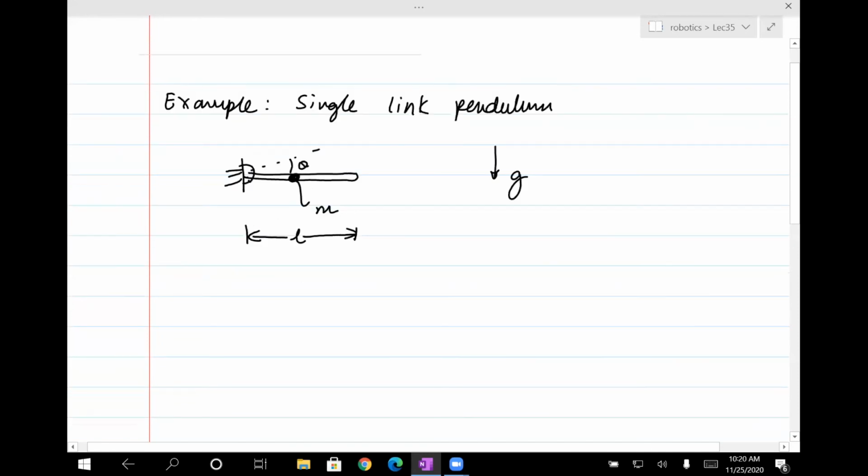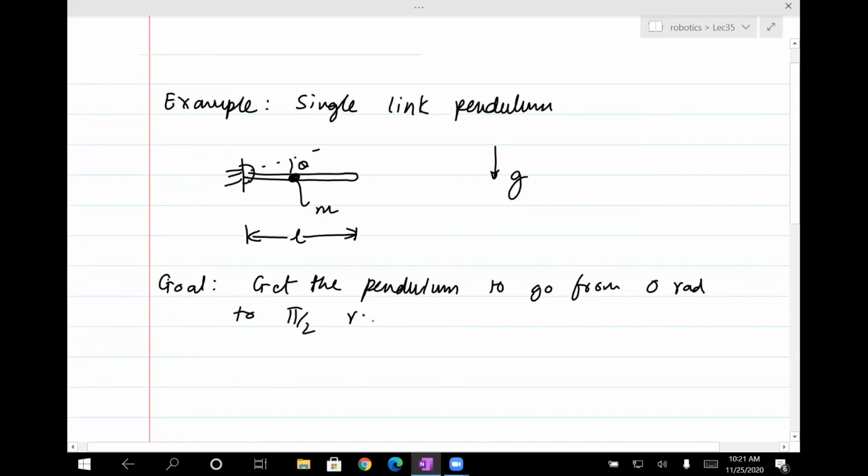And the goal is to get the pendulum to go from 0 radians, which is the position I've shown it, to pi divided by 2 radians in the shortest amount of time.